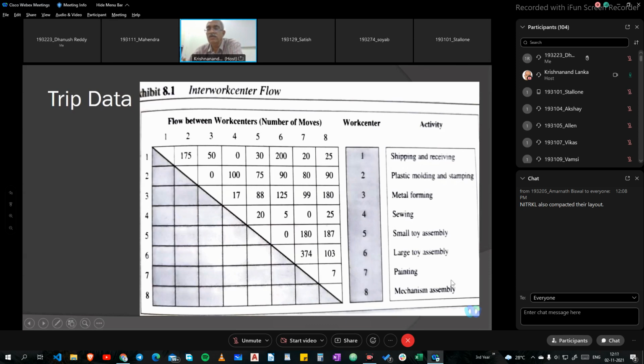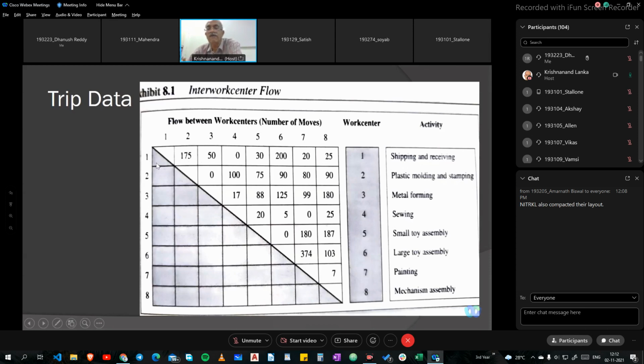So this is the layout, and you find that the flow between work centers 1 and 2 and 2 and 1 is 175 trips, the number of moves, and between 1 and 3, 50.